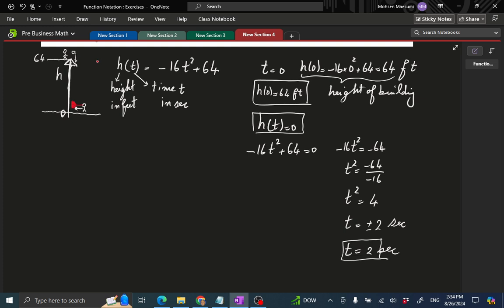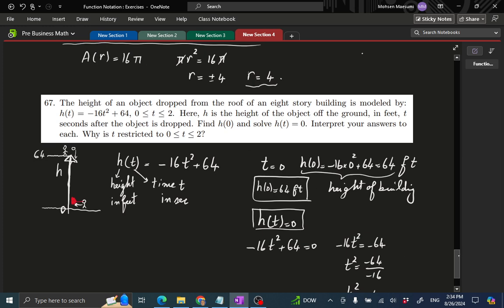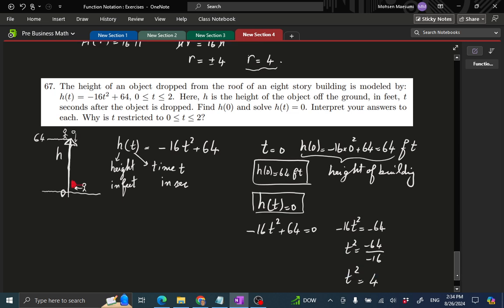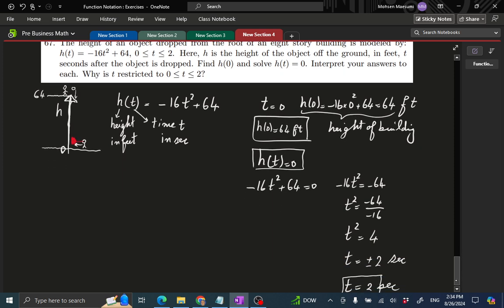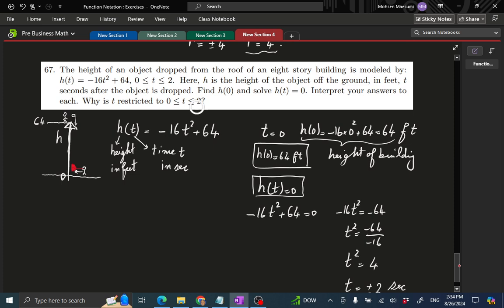So what is the meaning of this? Interpret your answers. Why is time restricted between 0 and 2 seconds? Because if you let t become larger than 2 seconds, it's as if you're saying your water balloon is going to go below the ground.